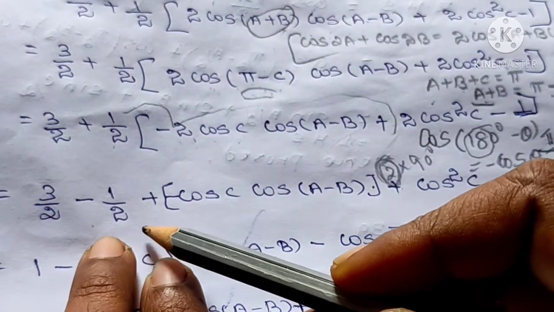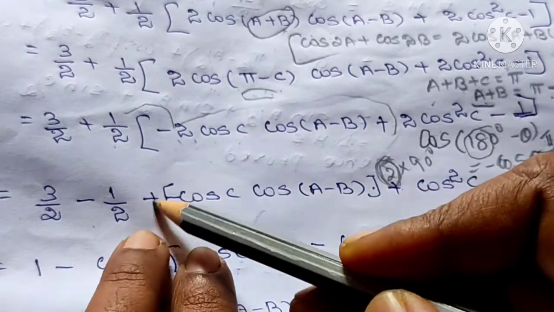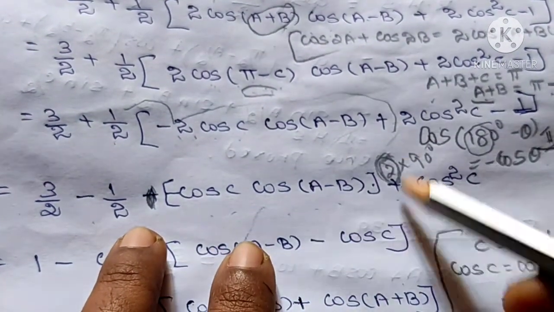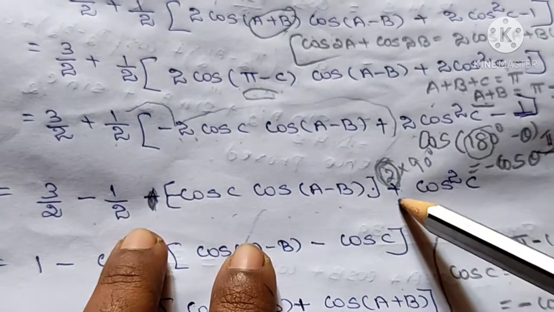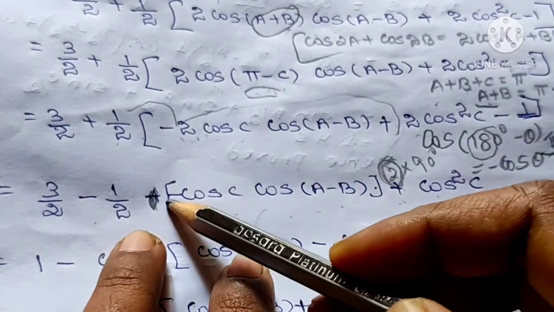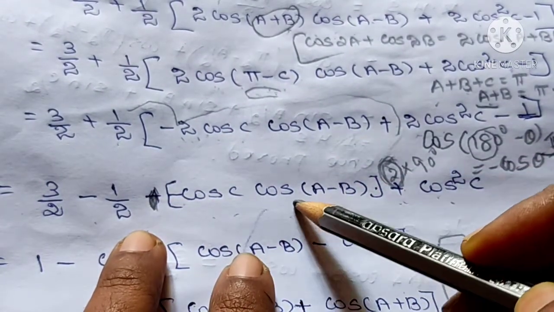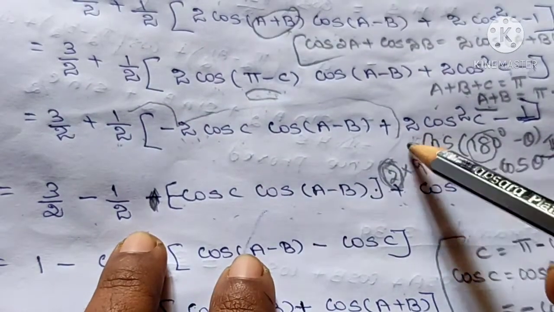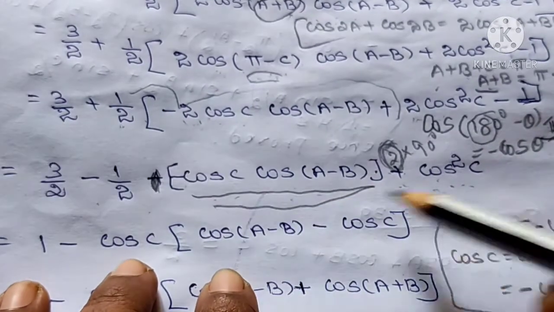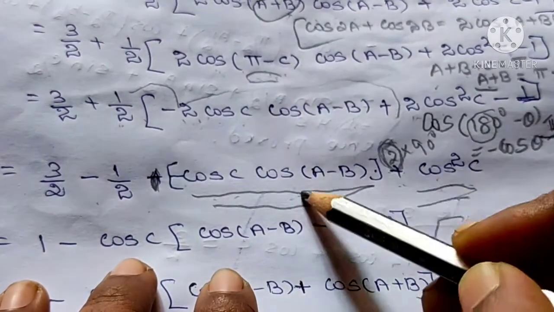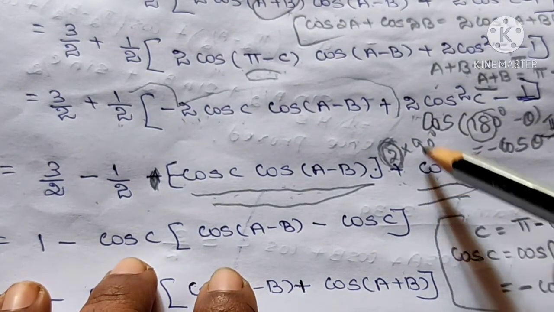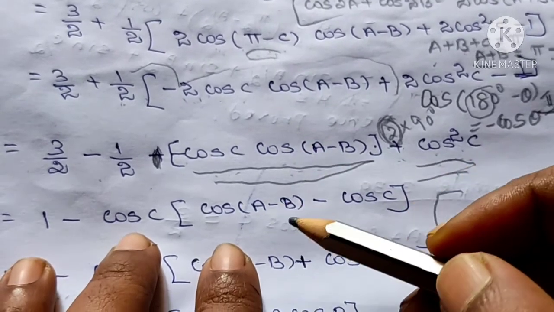So, we get minus cos C cos (A minus B) plus 1 by 2 into 2 cos square C. So 1 by 2 into minus 2 is minus cos C cos (A minus B), plus 1 by 2 into 2 gives cos square C. Now listen to these two terms: cos C into cos (A minus B), and this one is cos square C. Say the common factor: cos C is the common factor. So we take cos C outside.